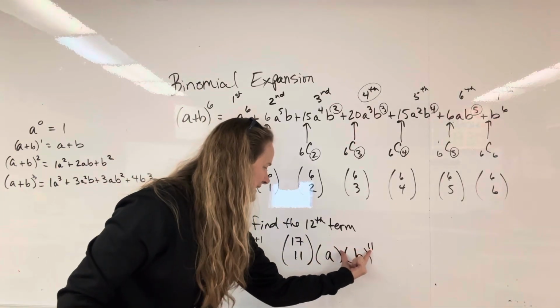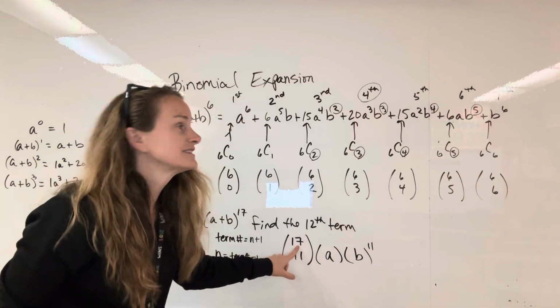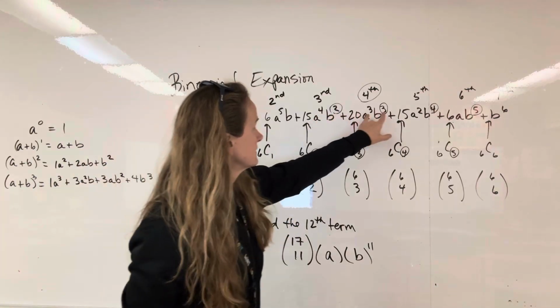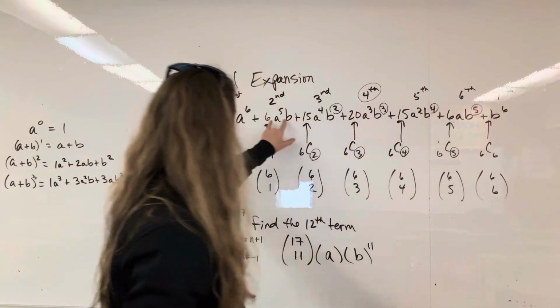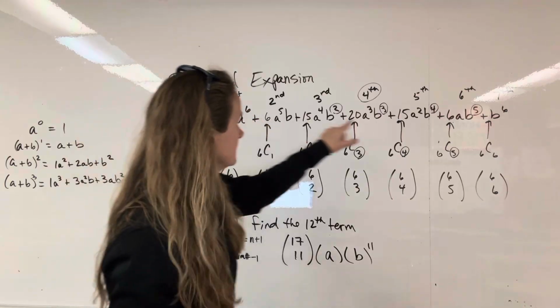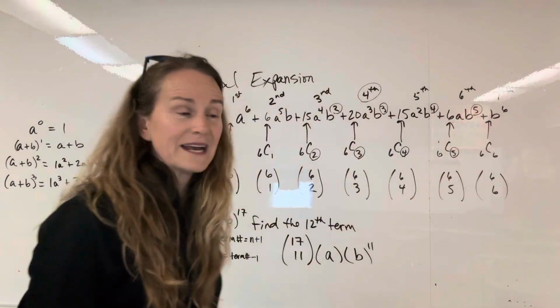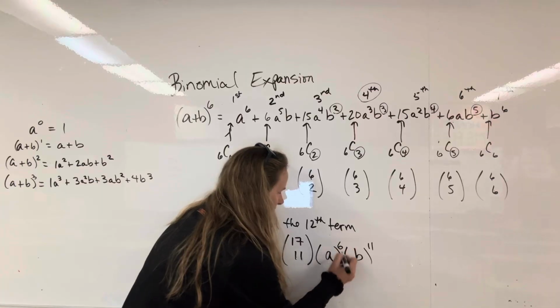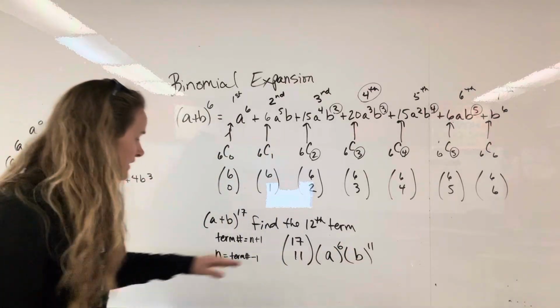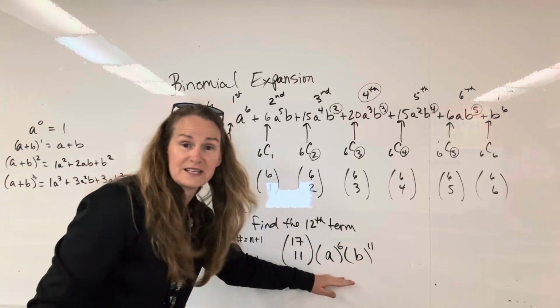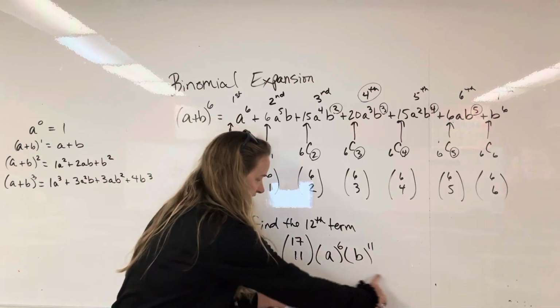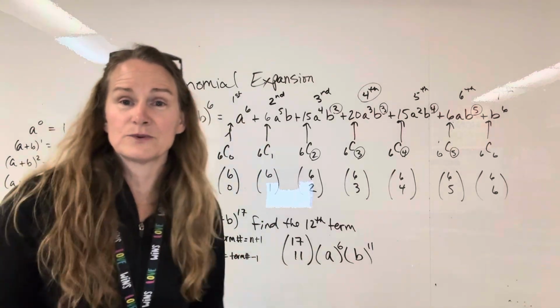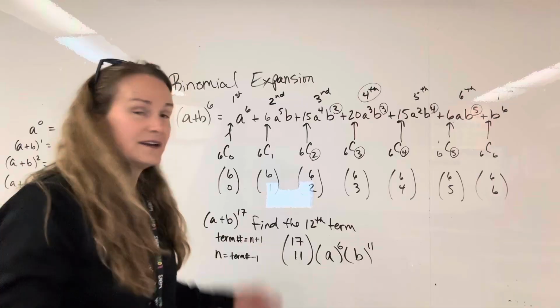These have to add up to how much? 6, 5 plus 1, 6. They always add up to what the degree is, so I know 100% that this has to be a 6. So I would either let you use a calculator to get this answer, or you would just set up the answer like that, and that's what the answer choice would look like. That's it. That's all she wrote.